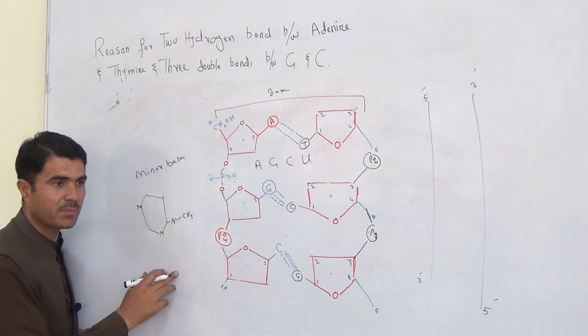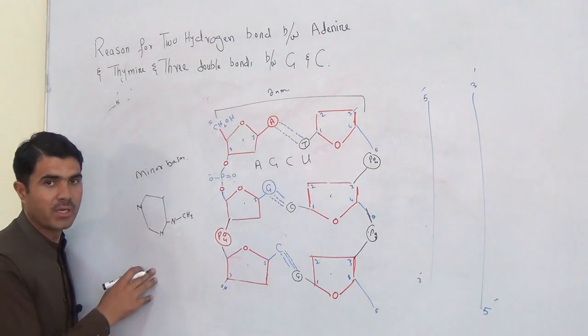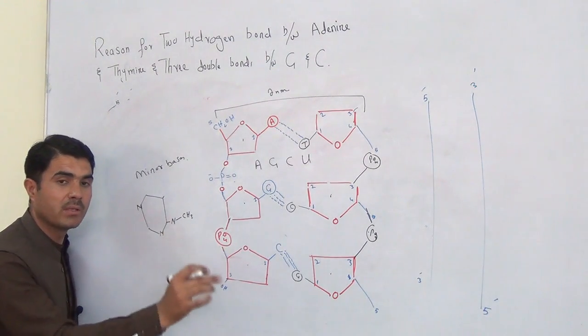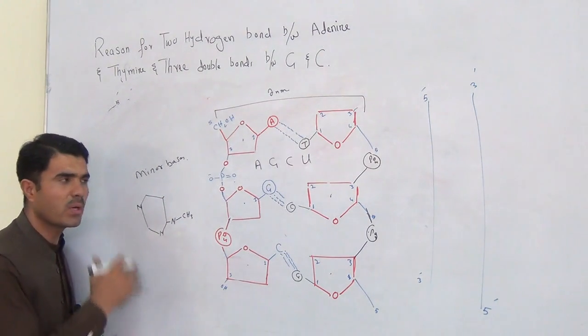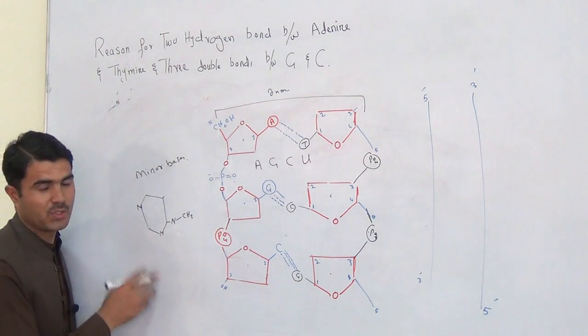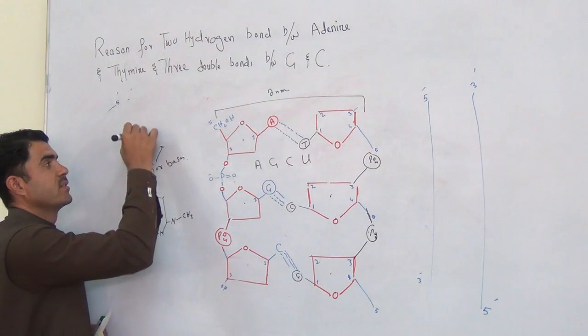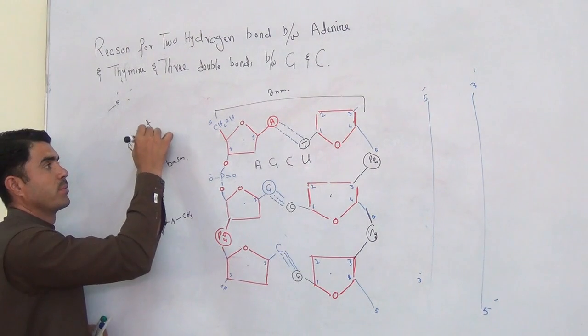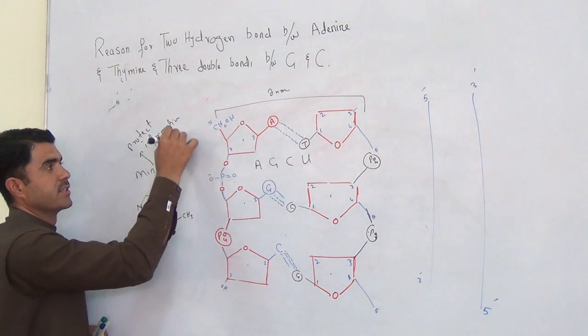Minor means they are not present in large quantities in the DNA and RNA, but they are present in a very small amount. These are present in the DNA of humans, in viruses, and even in plants. What is the function of the minor bases? Two functions. They protect the information and they regulate it.